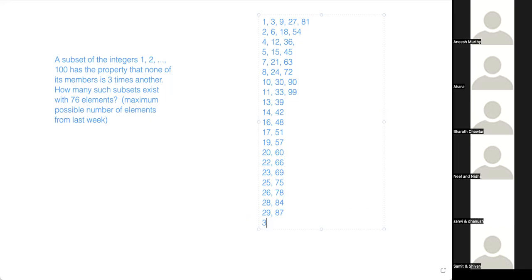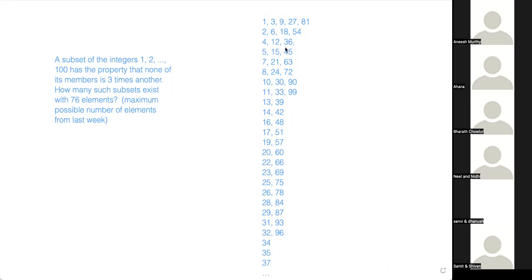So 31, 93. 32, 96. 33 was used, but 34, was that used? 34 would be over 100, so we can stop there. So after that, it would be 34, 35, 37, and so on.